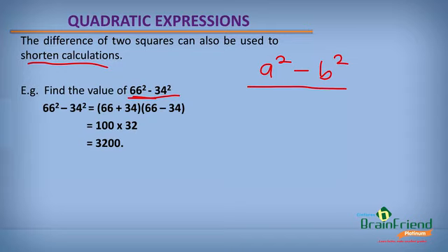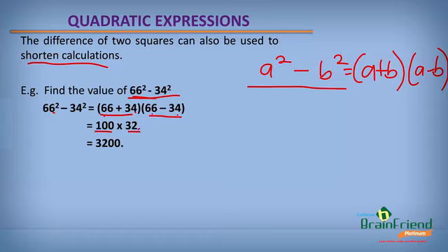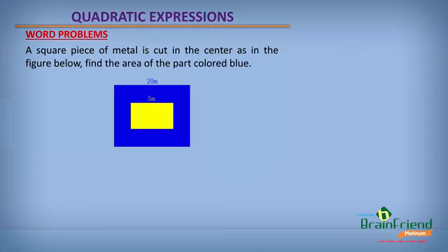We can say this is equal to 66 plus 34 times 66 minus 34, because factorizing a squared minus b squared is a plus b times a minus b. And 66 plus 34 gives us 100, while 66 minus 34 gives 32. 100 times 32 is 3,200.